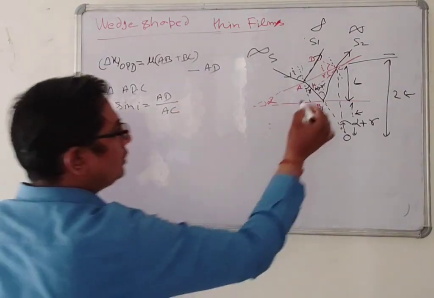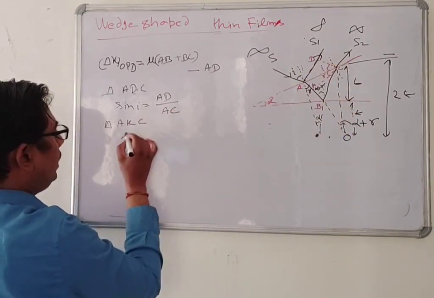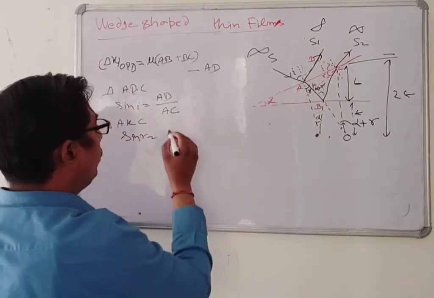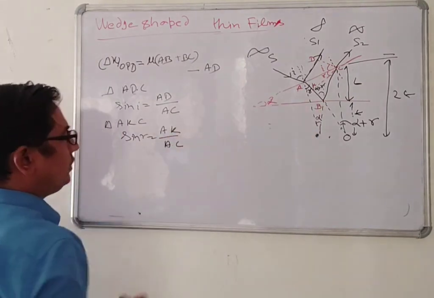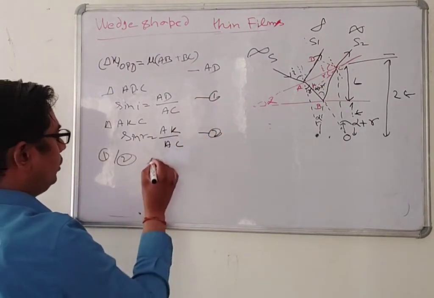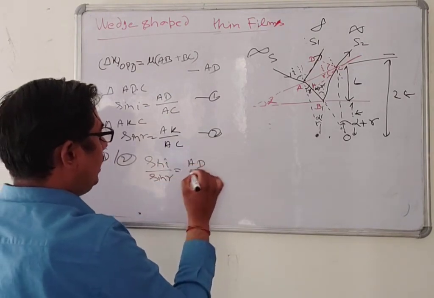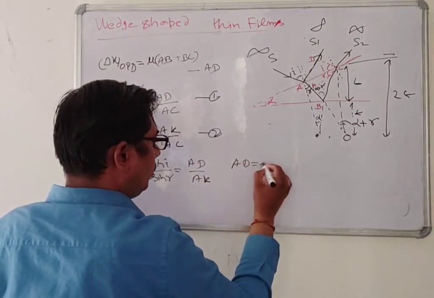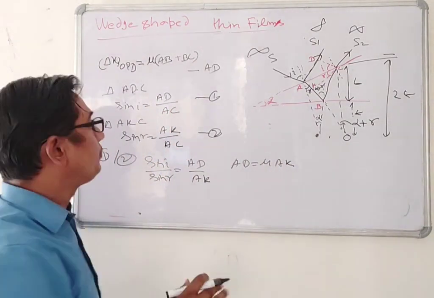Now in triangle AKC, sin r is equal to AK upon AC. Now dividing equation 1 by equation 2, sin i upon sin r is equal to AD upon AK. You know the ratio of this is mu, so AD is equal to mu AK. Everything is the same as in a parallel thin film.